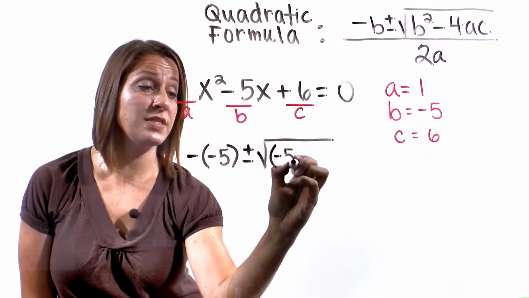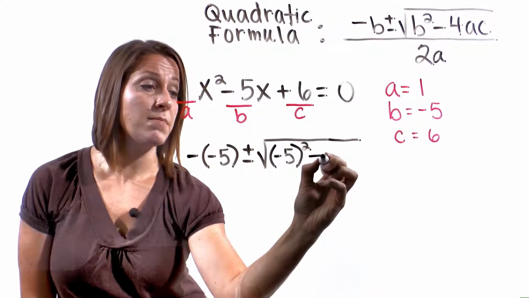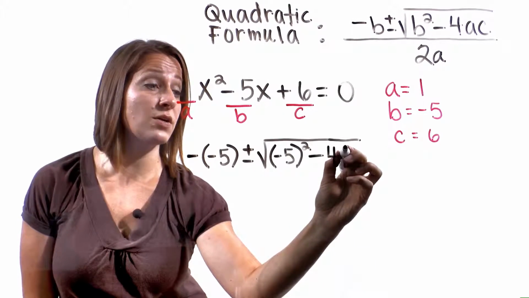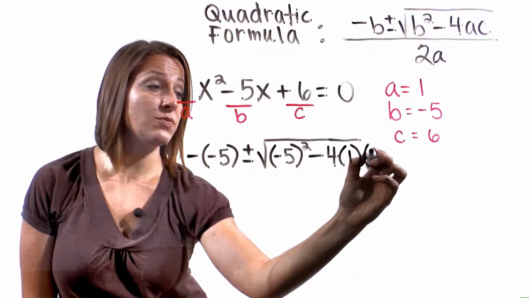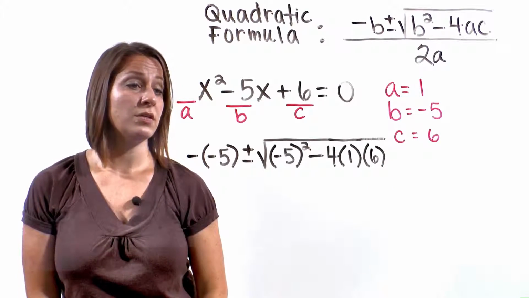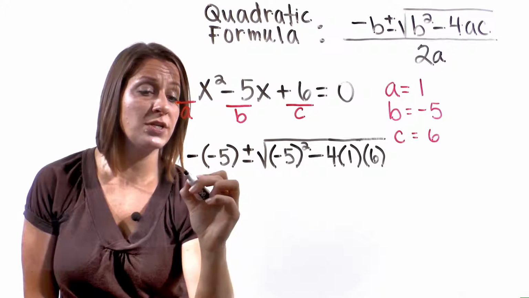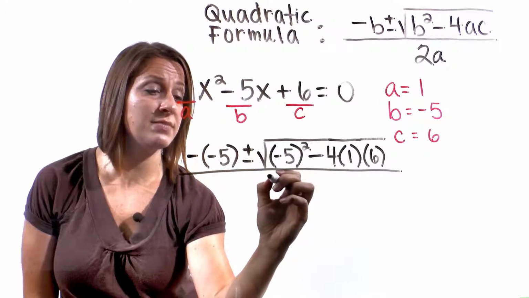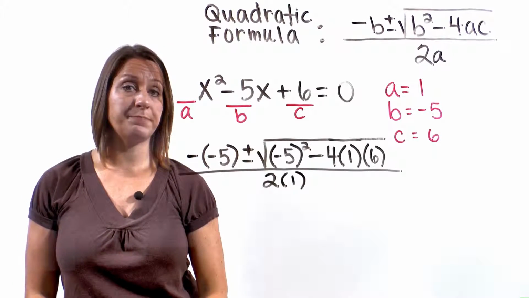We're going to put a set of parentheses around -5 squared, minus 4, and let's put some more parentheses around a, which is 1, and c, which is 6. And all of that is under the square root radical. Then we're going to take that entire expression and divide it by 2 times a, which is 2 times 1.